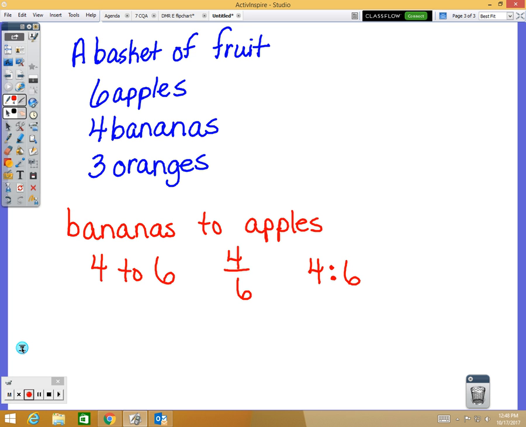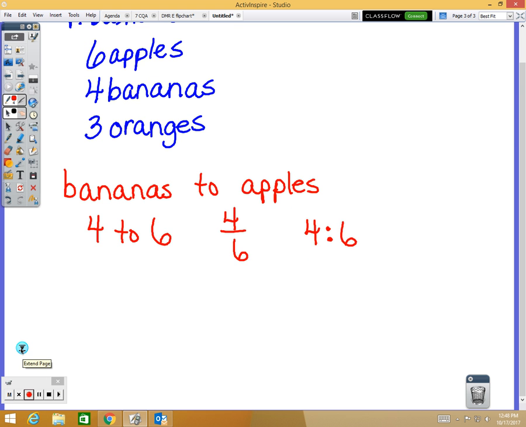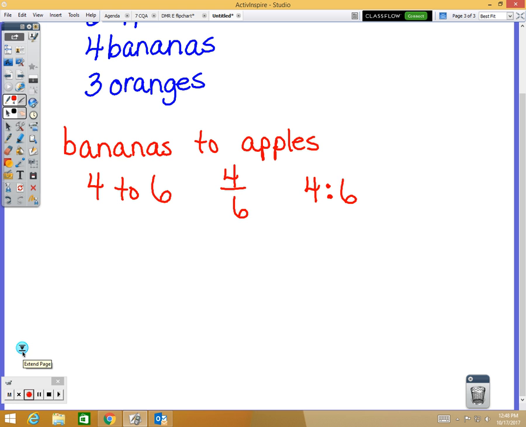All right, I'm going to scoot up a little bit. Now, unfortunately, my information about my apples, bananas, and oranges might go, but... Okay. Next one I would like is the ratio of bananas and apples to oranges.